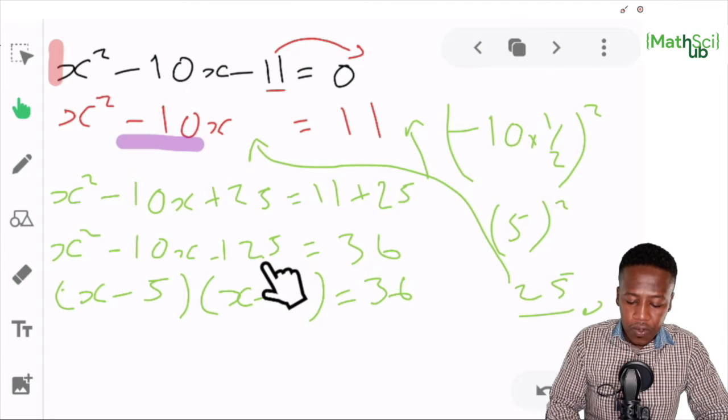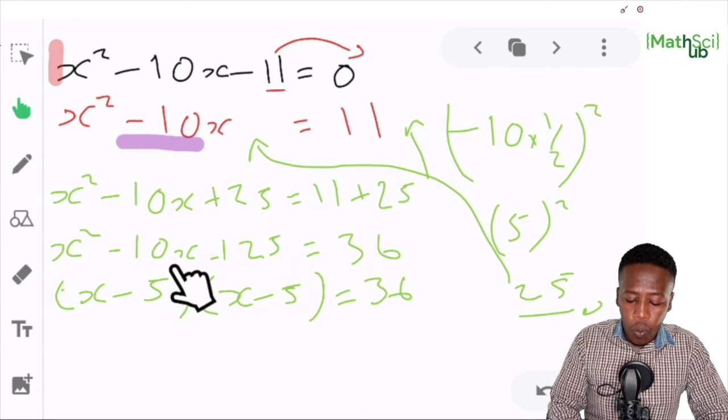Once you get the factors of 25, in those factors, which numbers do I add to get the -10?